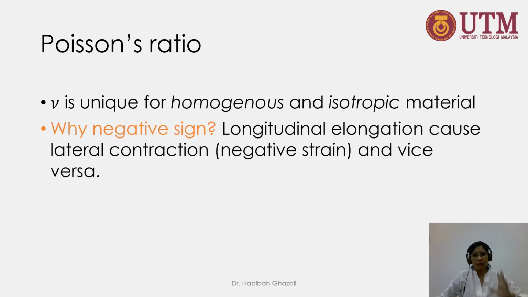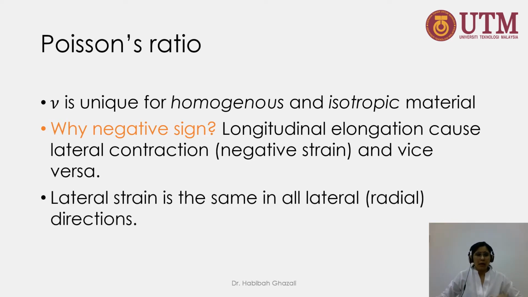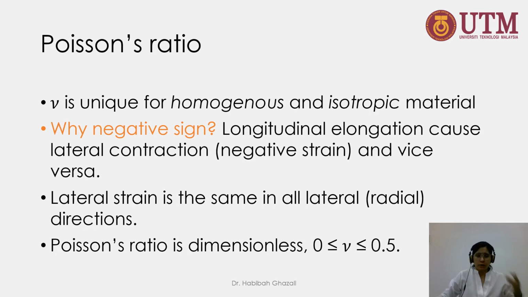It is because the longitudinal elongation causes lateral contraction, which is a negative strain. Also, you have to remember that the lateral strain is the same in all directions, and Poisson ratio is dimensionless. Normally, metal materials will have a Poisson ratio between 0 and 0.5.